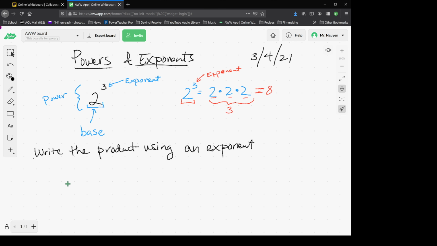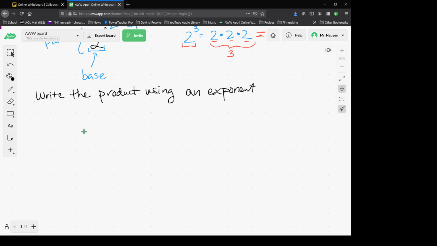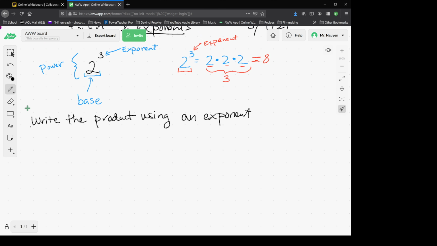We're going to do this for a while. Write the product using an exponent. I'm going to give you the product of a bunch of things. Let's say 7 times 7 times 7 times 7 times 7. Now I want you to take this product and transform it into an exponent.